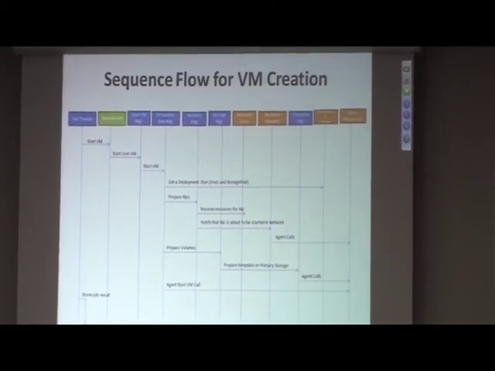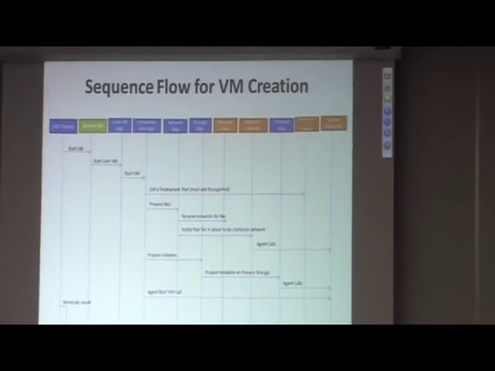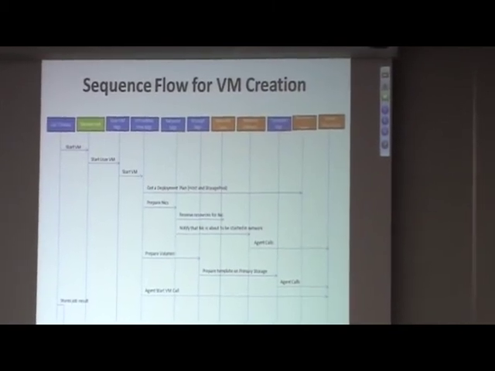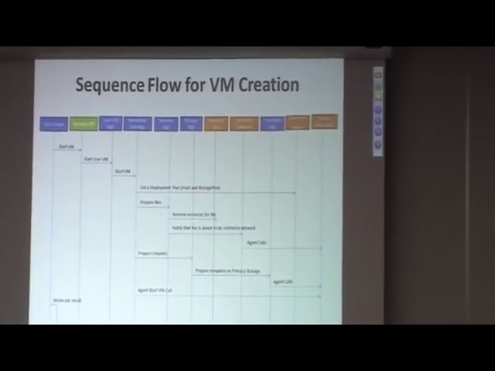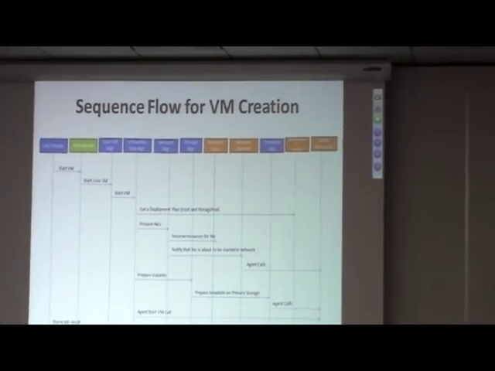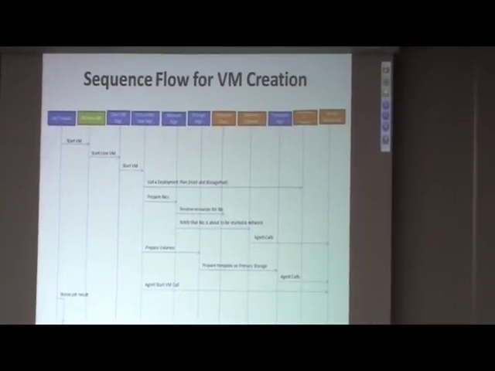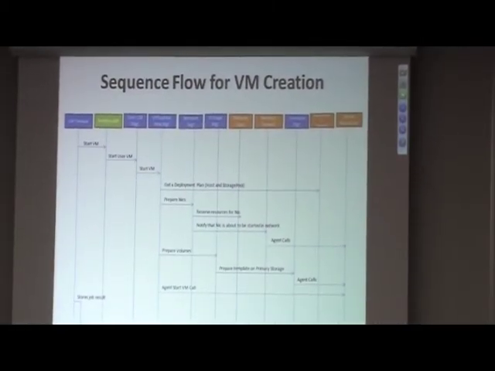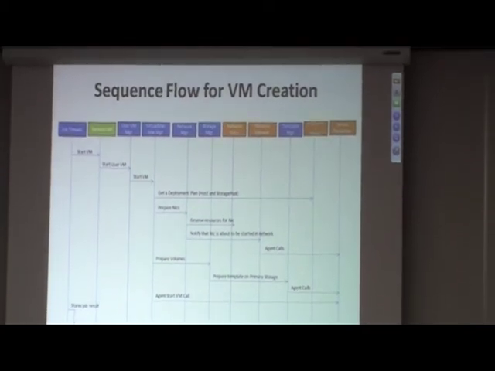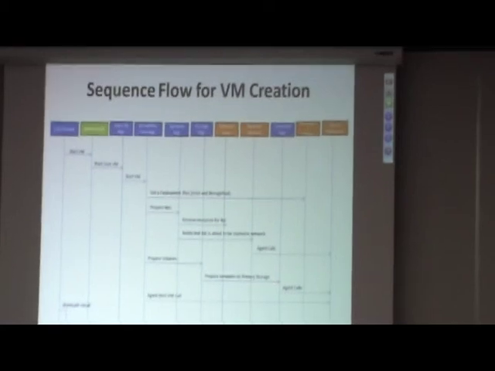And the storage manager will say, look, here are my orchestration steps. In order for me to start the VM on that particular storage, I need to first make sure its template is on there. And then I also need to create the volume on that particular primary storage. So the storage manager will call the template manager and say, move the template onto this primary storage.